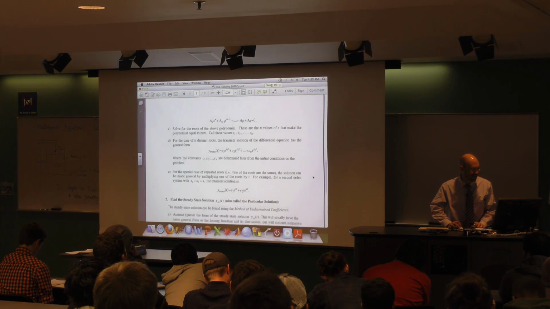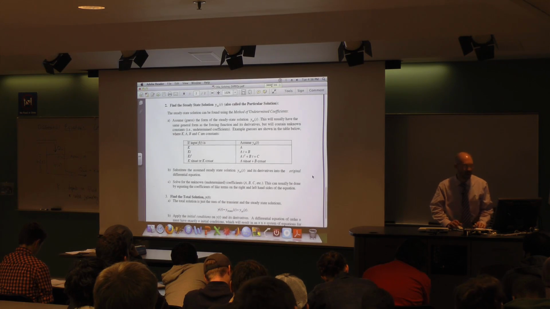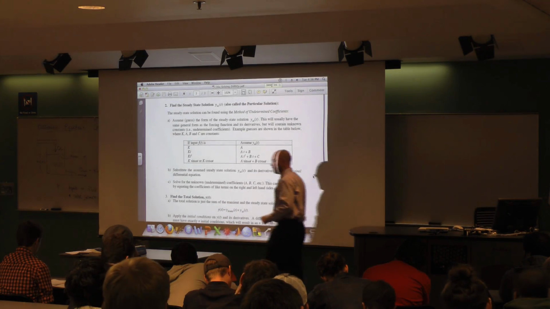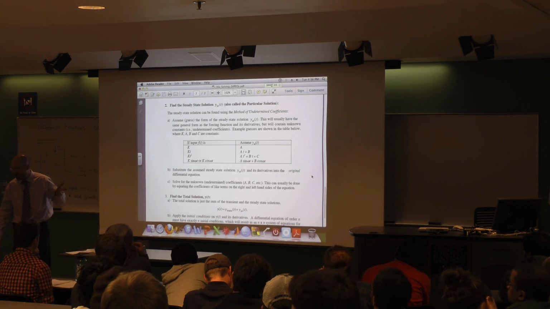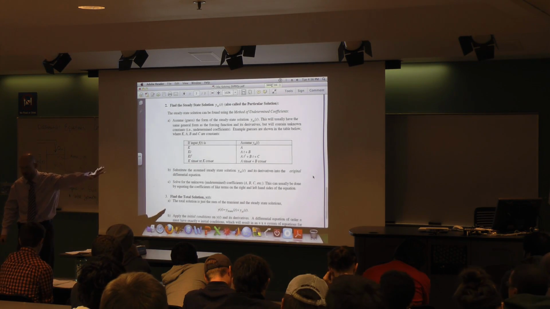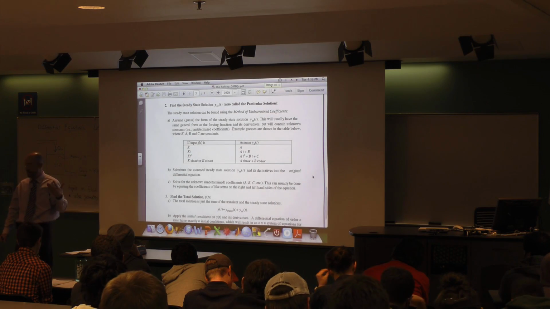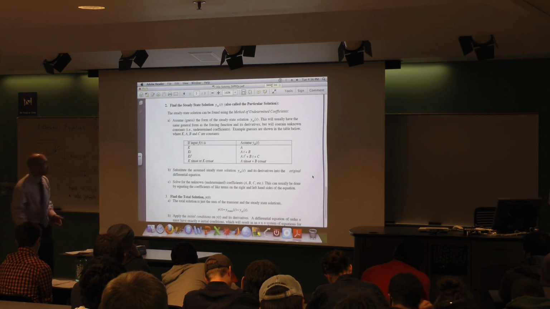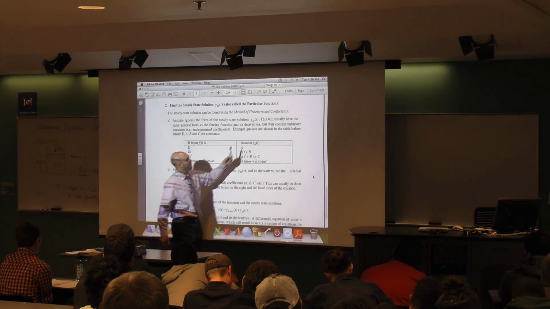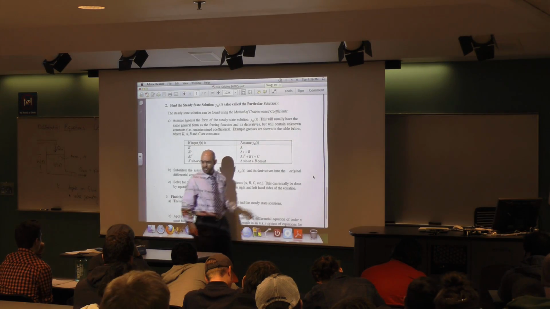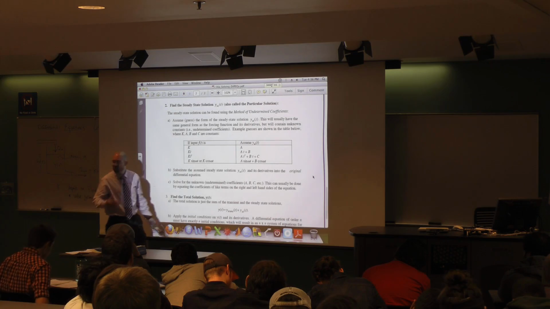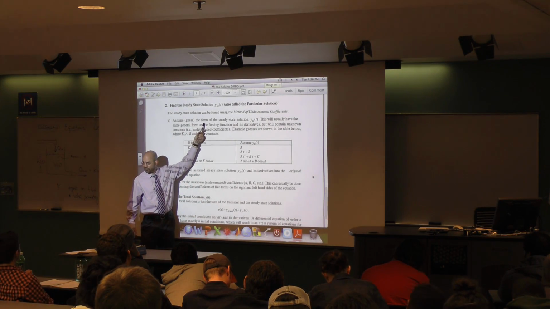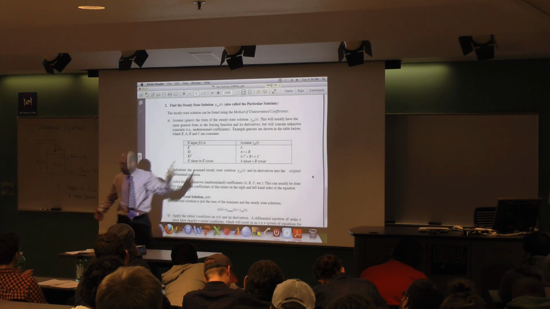All right, next step. What I have found so far is the part of the solution that gives me nothing. It does not give me f of t, which is the right-hand side. So I'm not done yet. I need the particular solution, right? That's what the math department calls it. In engineering, we like to call that the steady state solution, because here's why.